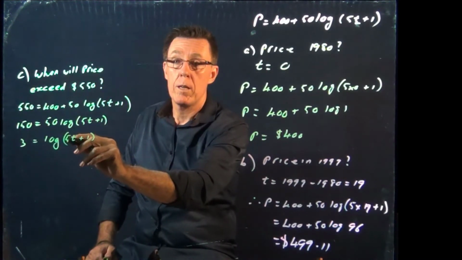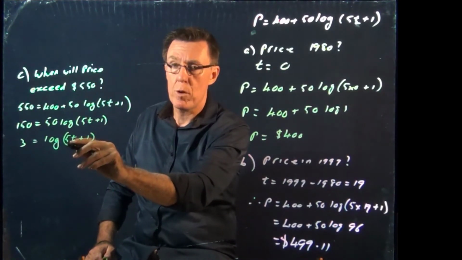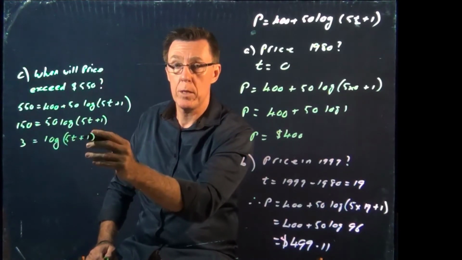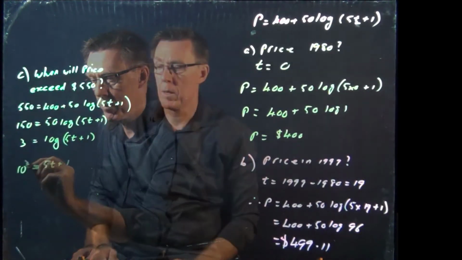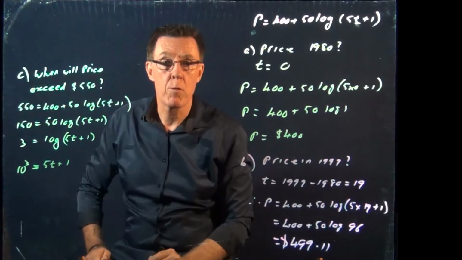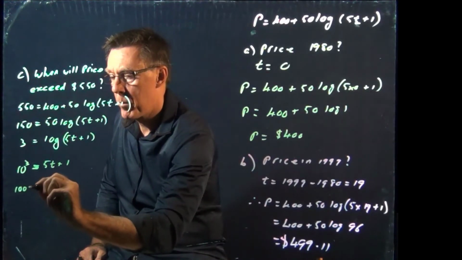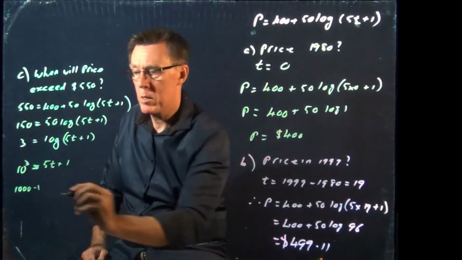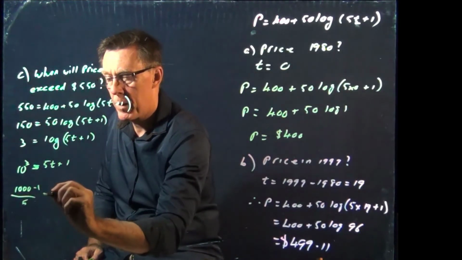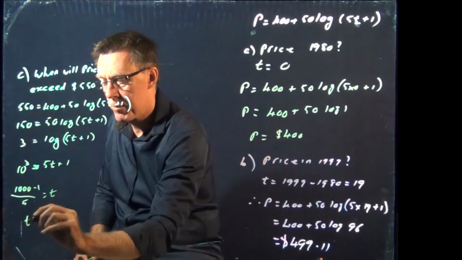We know the log is in base 10 because it's not written in there, so I'm going to change it from a log statement to an index statement. From there, it's a simple matter of rearranging to make it read T equals, 10 cubed is 1,000. Take 1 off both sides, divide through by 5, left with the time.